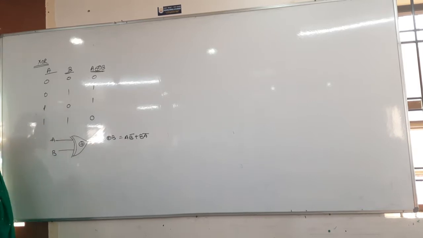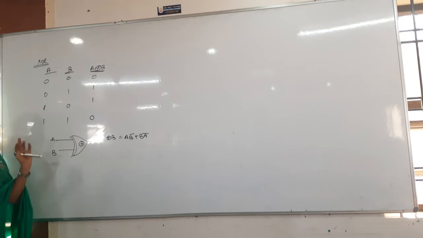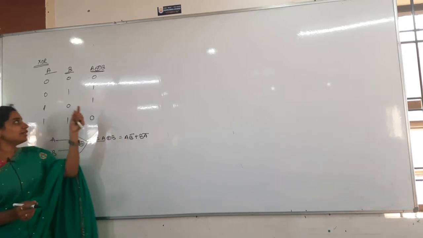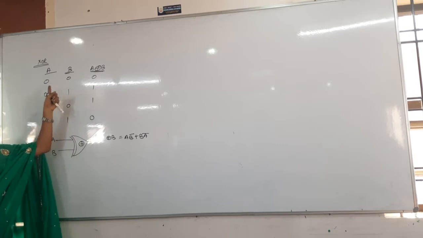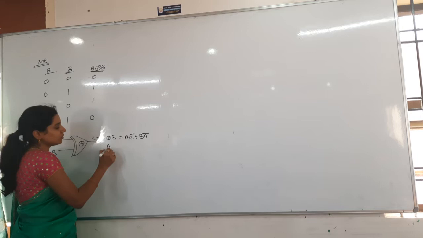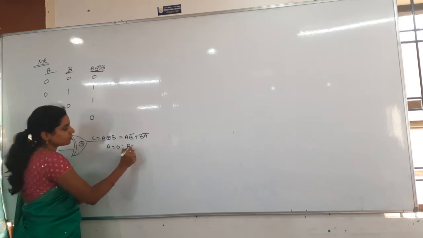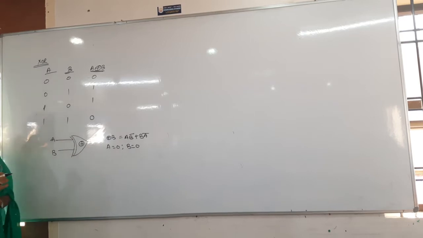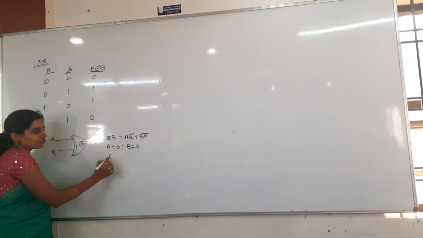Let's check those values. First of all, I'll tell you the shortcut way to identify the answer. Now this is the expression I have. My inputs are: first A is 0 and B is also 0. Now first we have AB bar. A is 0.